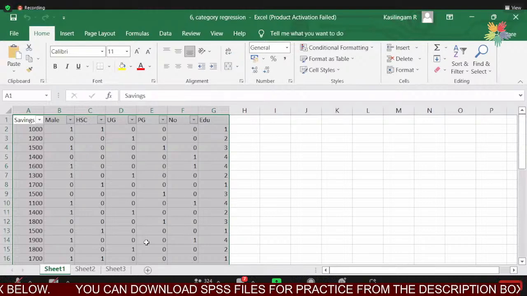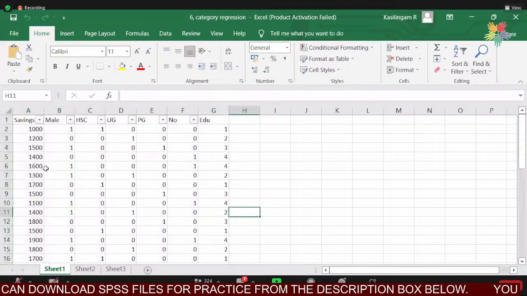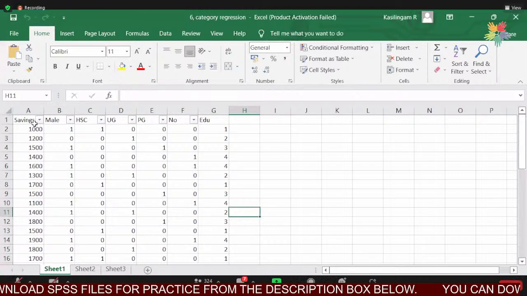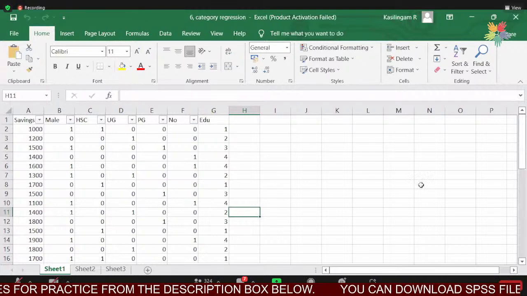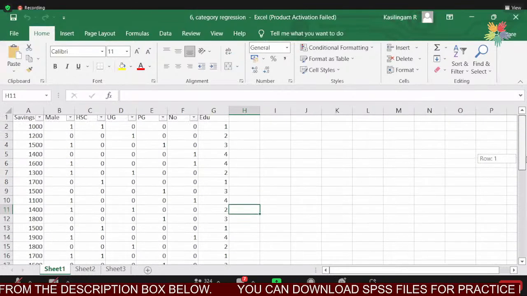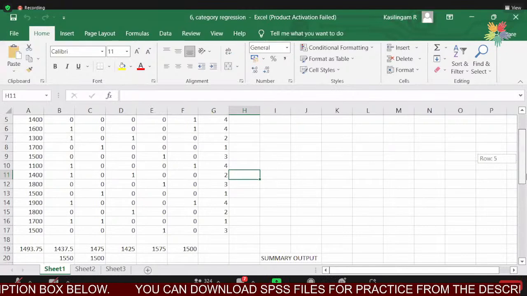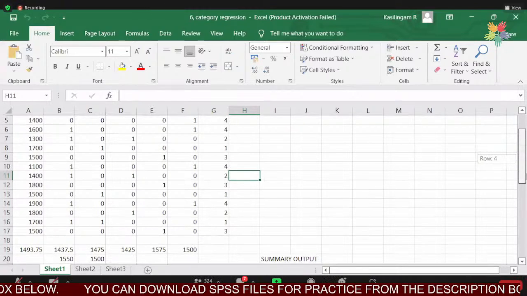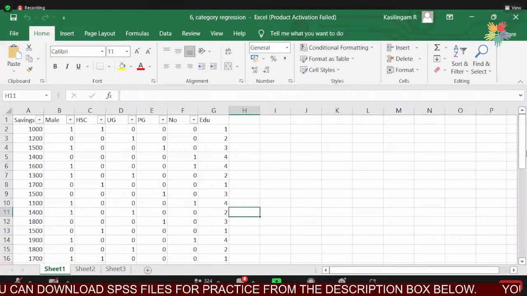Okay. So now I have one metric variable, savings. I have 16 data, so total is 17 with the header, right? I have one metric variable.